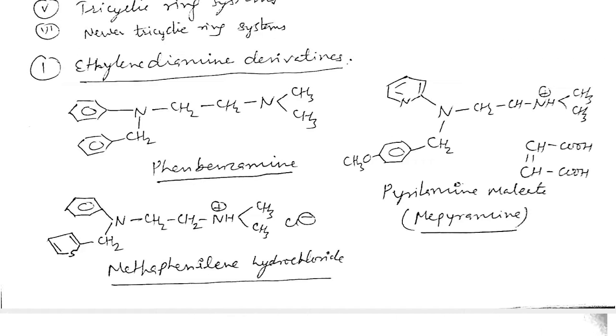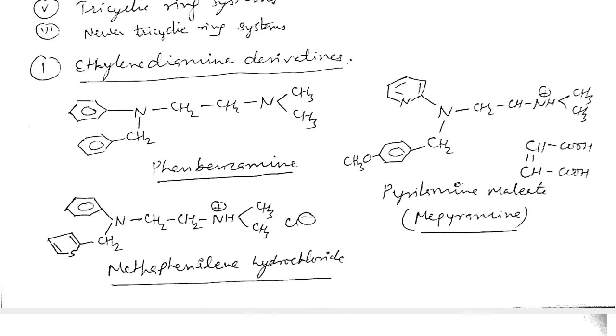Look at all the structures in front of your screen, like phenbenzamine, mepyramine, which is also known as pyrilamine maleate, as well as methapyrilene hydrochloride. These are examples of ethylene diamine derivatives. Why are they called ethylene diamine? Because in all these three antihistaminic agents, an ethylene group, CH2 group, is there in between two amino groups.